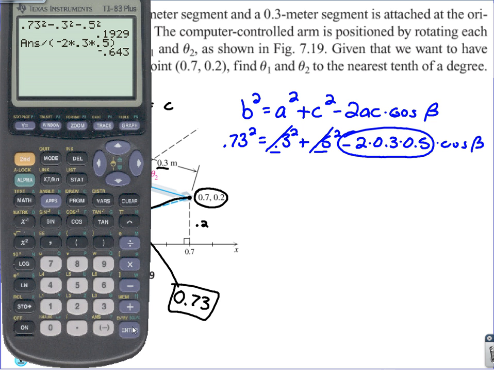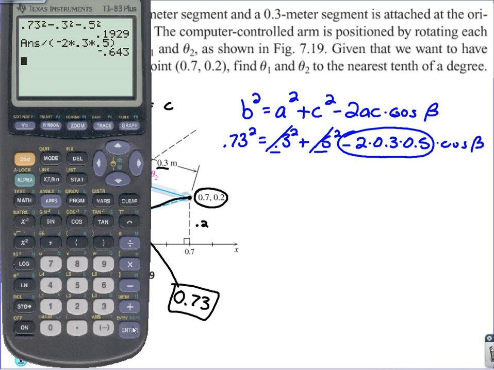Quiz you for a second. That negative sign being there, what does that tell you? Somebody know? The cosine is equal to -0.643. We're dealing with a robotic arm. We're dealing with a triangle here. Angles of rotation between 0 and 180. Well, we could have a 179-degree angle in a triangle.